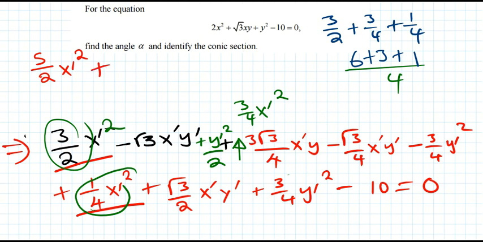So we've dealt with the ones that are attached to x prime squared. Now let's look at the other like terms.